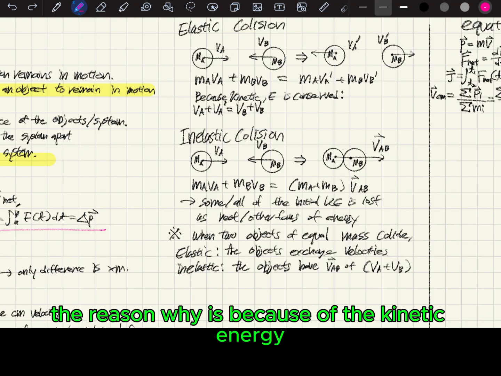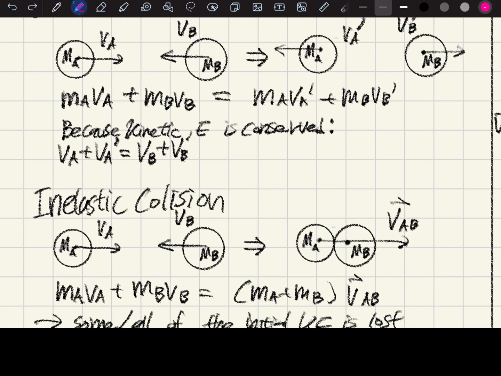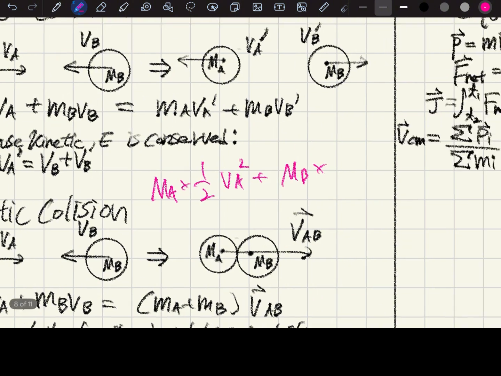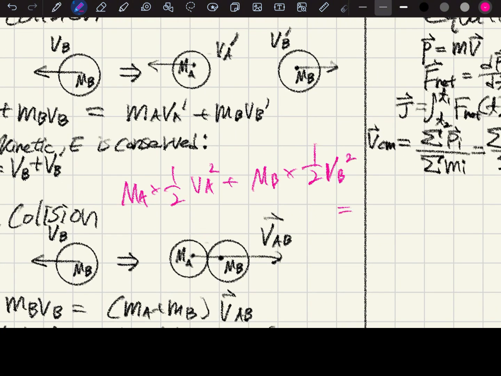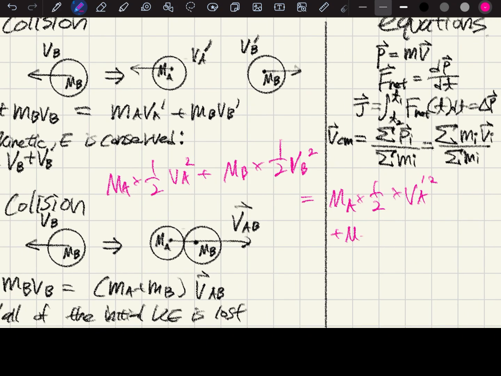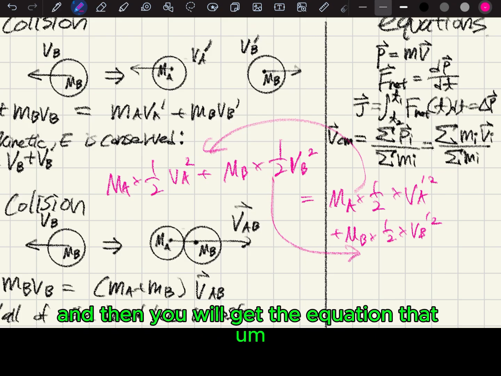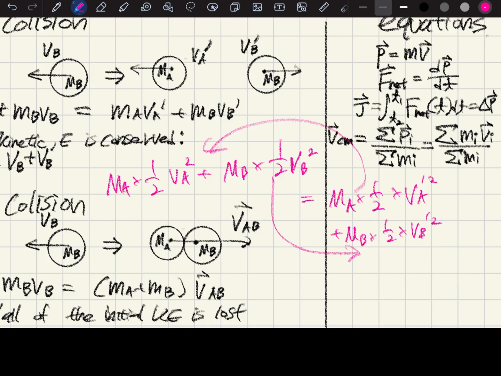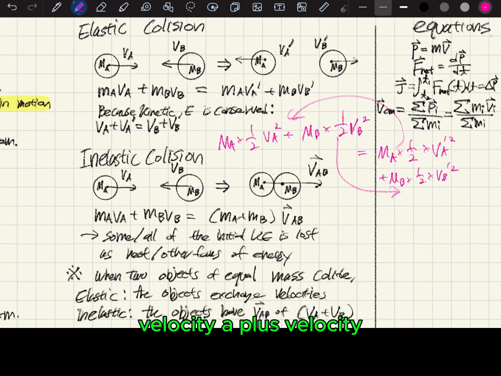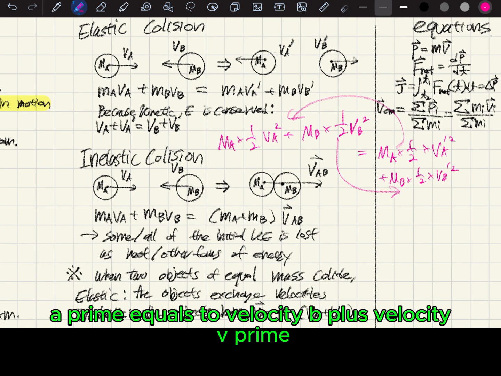The reason why is the kinetic energy equation. You can put that here and then that here, and then you will get the equation that velocity A plus velocity A prime equals velocity B plus velocity B prime.